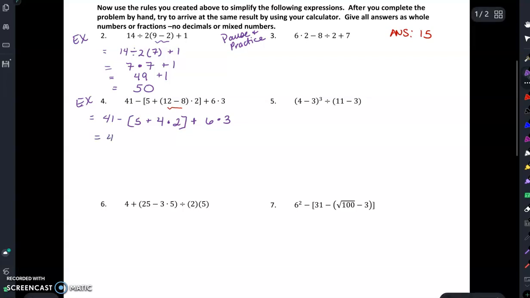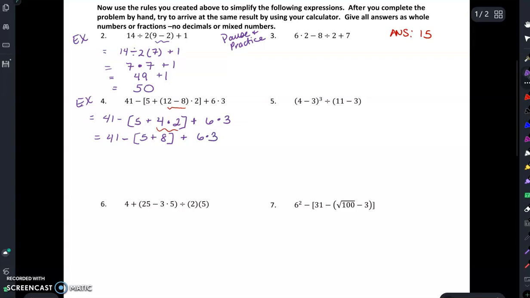Then we're going to do 41 minus, and then we're going to work within these parentheses or brackets. We need to do this 4 times 2 first. So bring down your bracket, 5 plus 4 times 2 is 8, because multiply comes before add, and then plus 6 times 3.